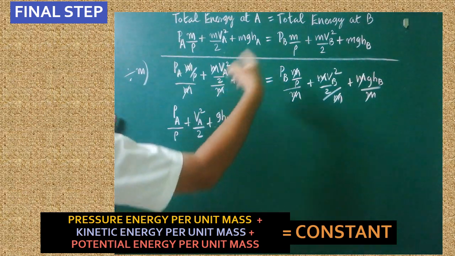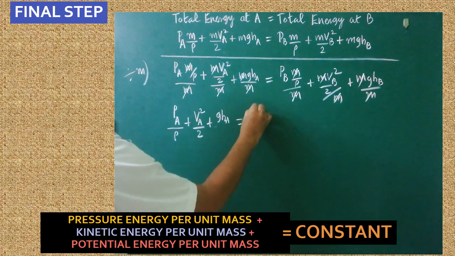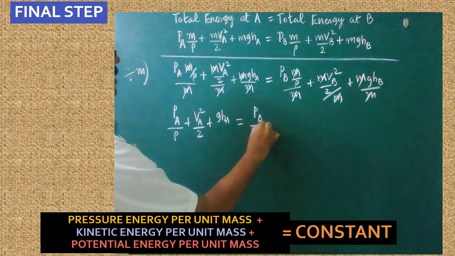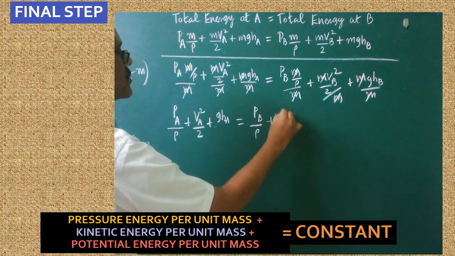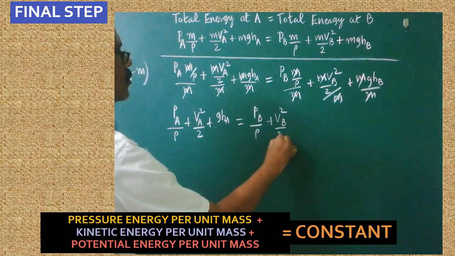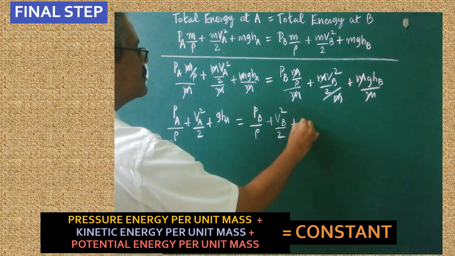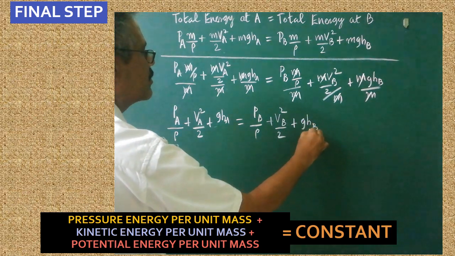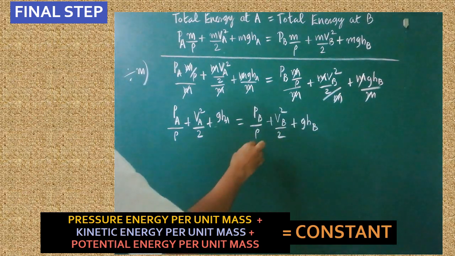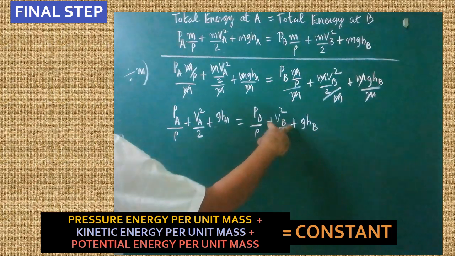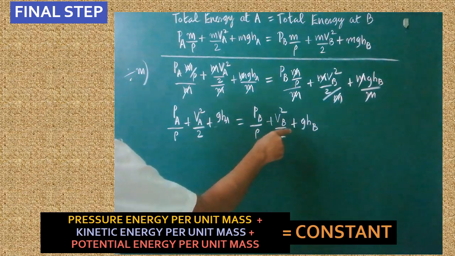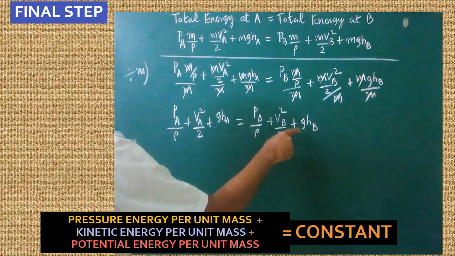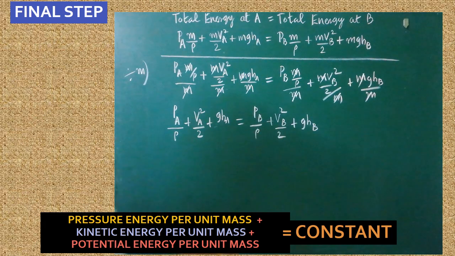Now I am going to do the same thing for the RHS. PB divided by rho plus VB square divided by 2 plus g hB. What does this factor say? These are the sum of the pressure energy per unit mass, kinetic energy per unit mass and potential energy per unit mass at end B. Are you clear?